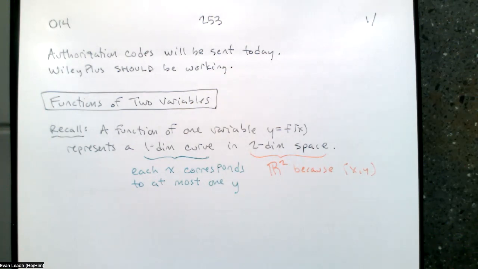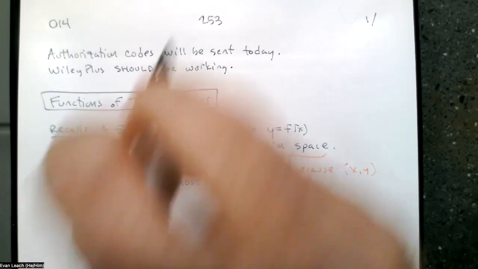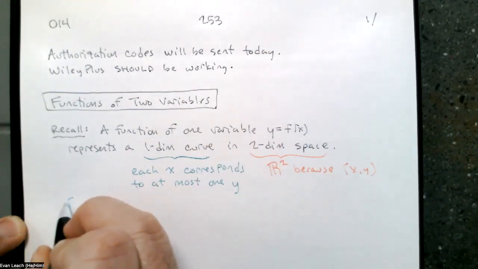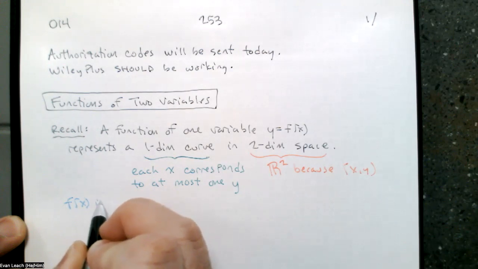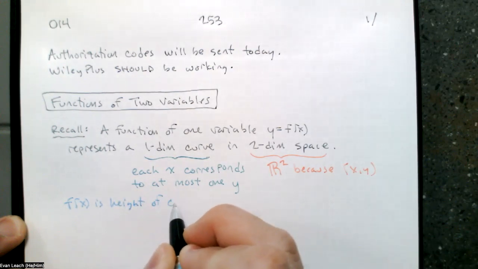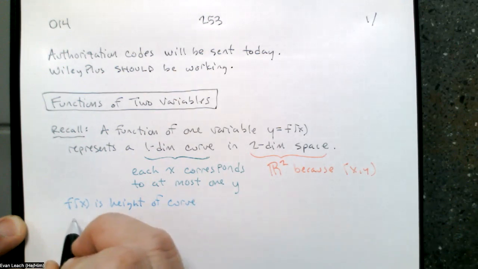We're going to imagine creating the curve by imagining the value of the function as the height above the corresponding x value. So we build a graph. We'll say f of x is the height of the curve above the x-axis.